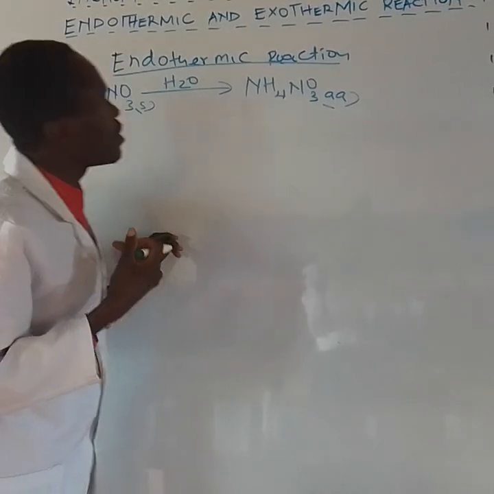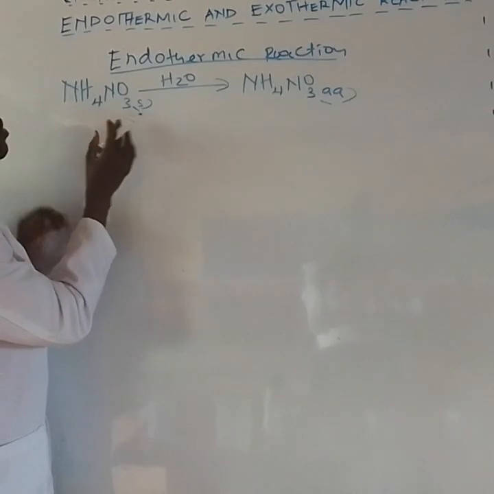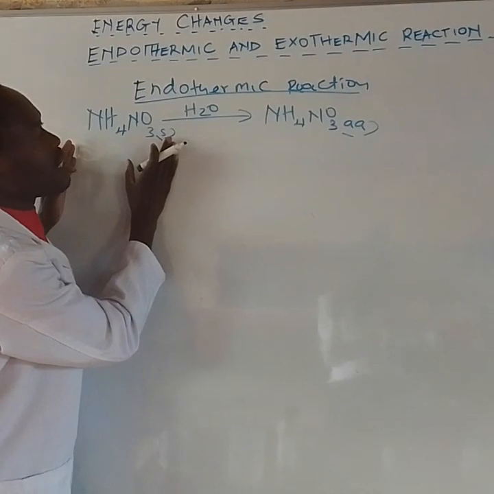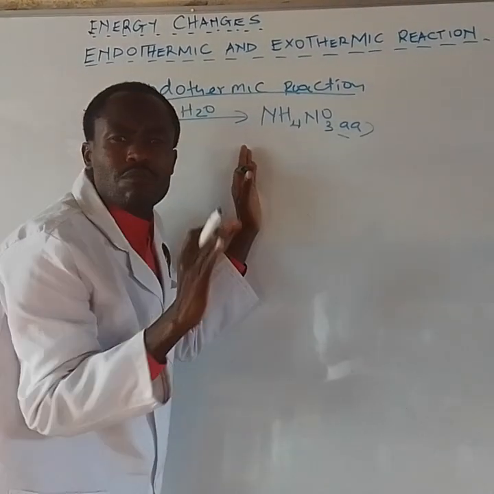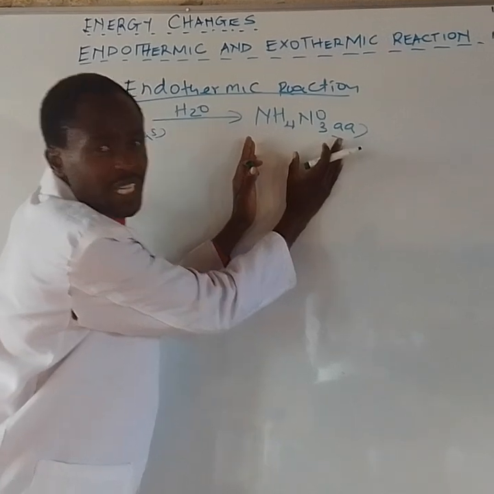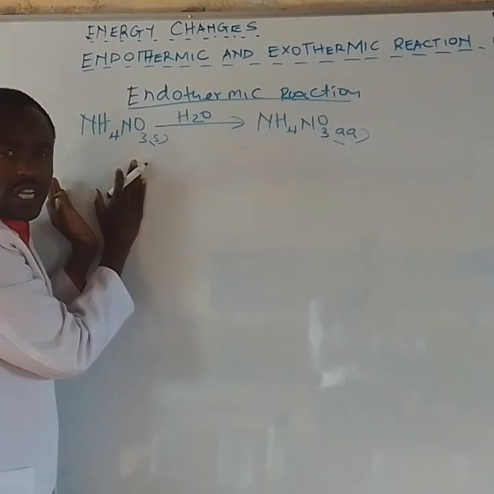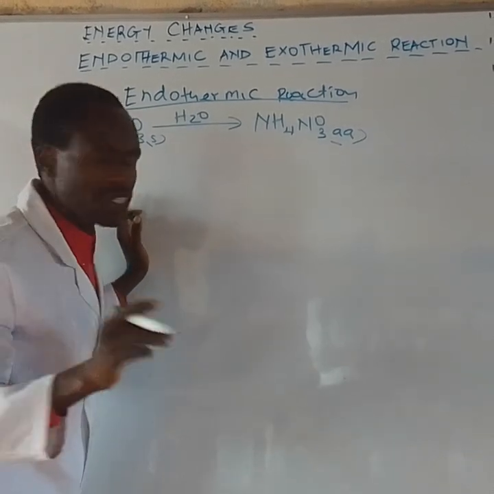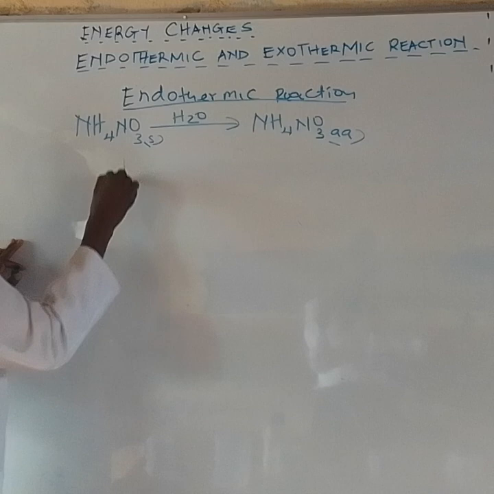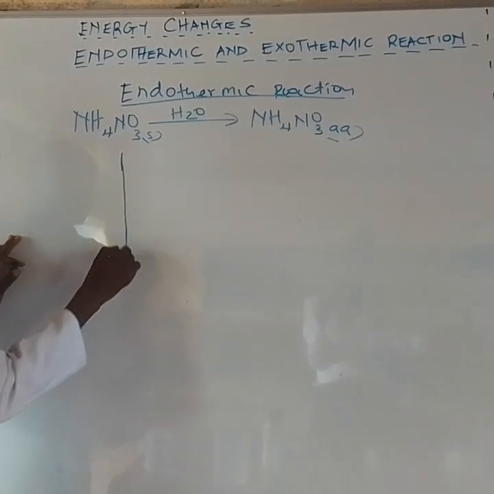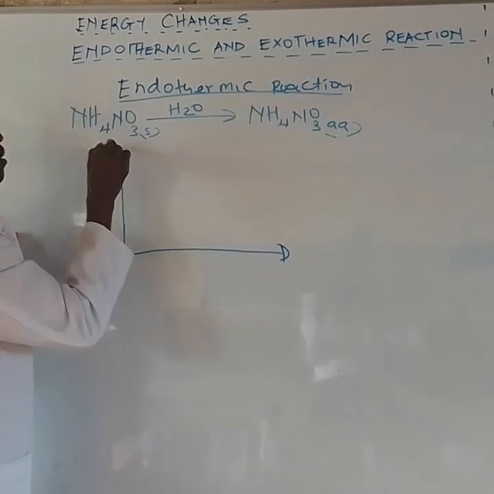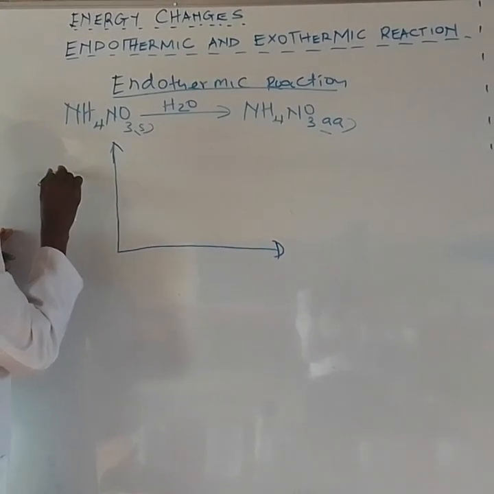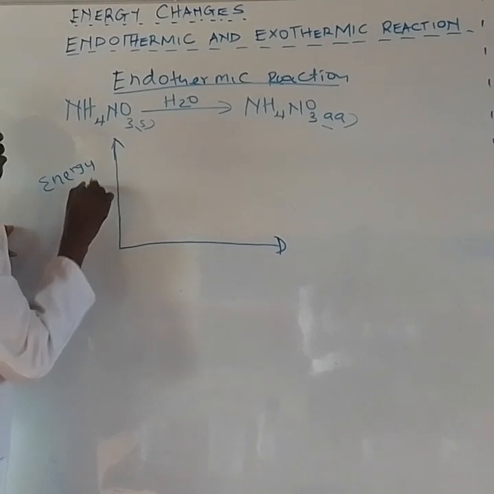Is it okay? So it means because when the reactant reacts, heat is absorbed, the product formed has more energy. So the products have more energy compared to the reactants. Is it okay? So we can represent this in what we call an energy level diagram like this. Here we have energy in kilojoules.